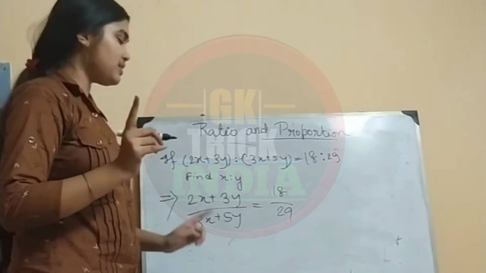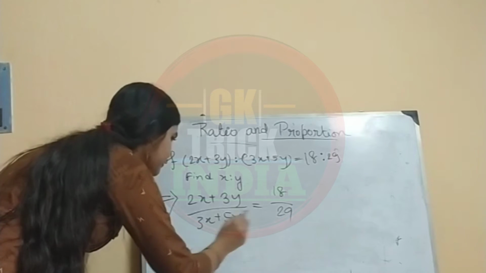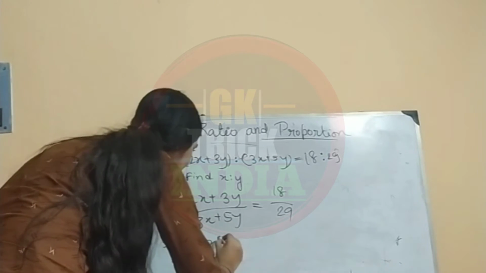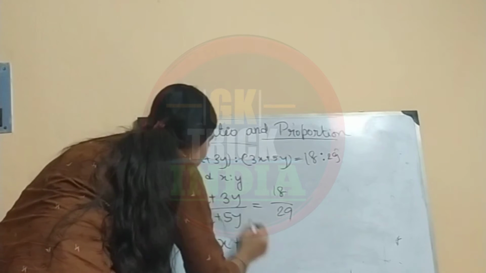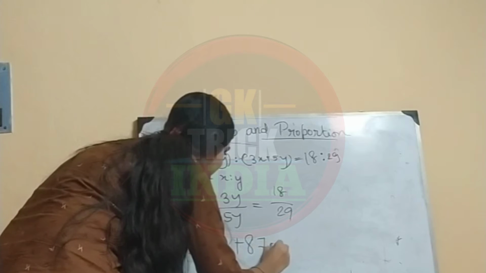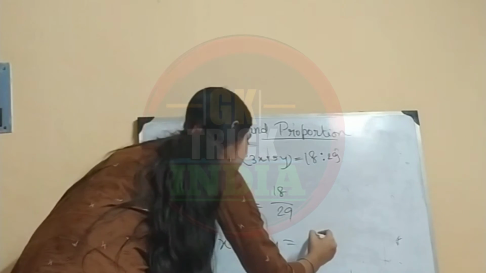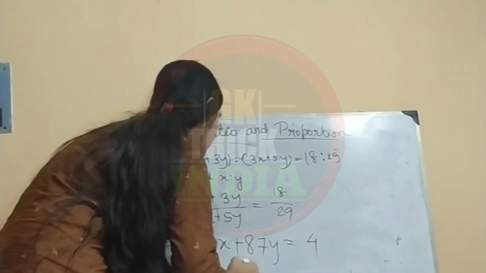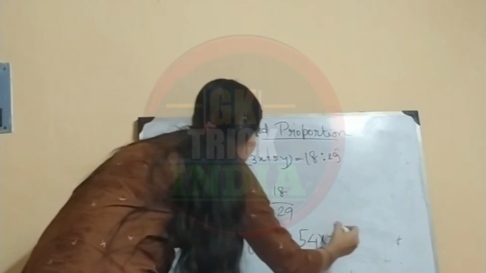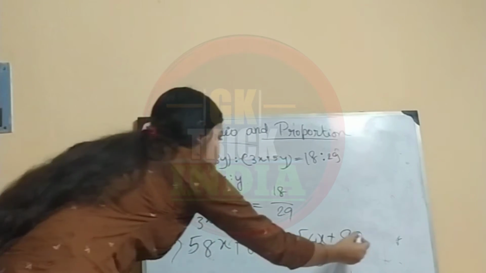The first step to do is just cross multiply. Okay, by cross multiplying, what do we get? 29 into 2 is 58x plus 29 into 3 is 87y equals 18 into 3, that is 54x plus 18 into 5 is 90y. Done?